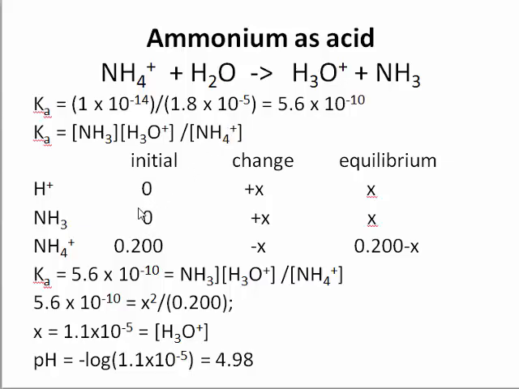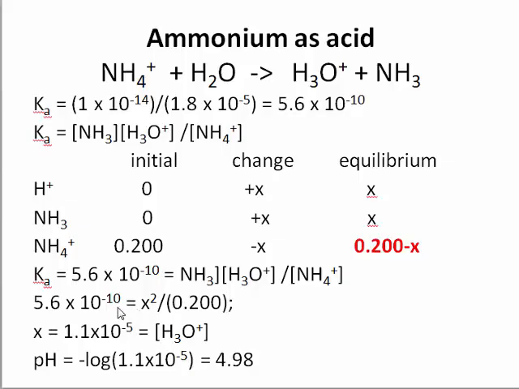Again, we assume a hypothetical initial state, no protons, no ammonia, 0.2 molar ammonium, products increase by X and reactant decreases by X, and naturally, since K is small, we will assume X is small compared to 0.2, so that we can essentially treat this number as 0.2.